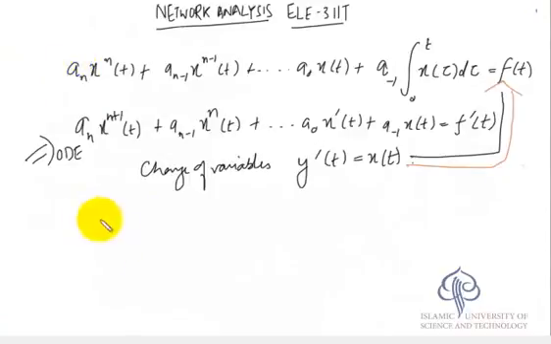So the first term, when y dash t is x(t), that means you can differentiate this n times, so x^n(t) would be y^(n+1)(t).